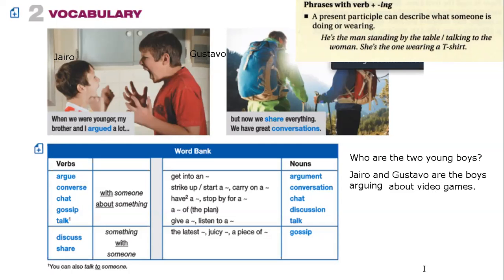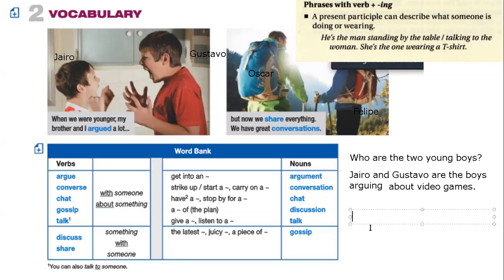Now, la otra parte dice, a present participle can describe what someone is doing or wearing. Look at the next picture. There are two people who are hiking in a place in the world. So let's say that these people are hiking. So if I want to use this theory, I can say, let's say that this guy is Oscar, and this is Felipe. Now, who is Oscar?